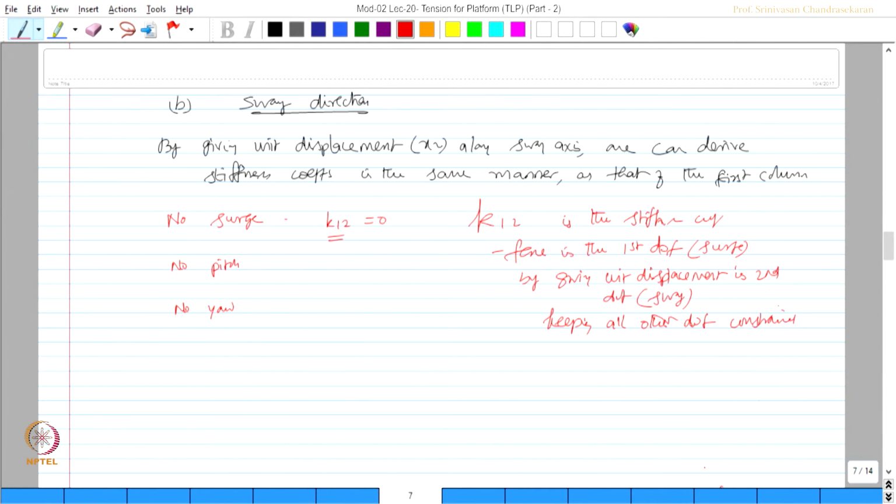So, K12, since there is no surge, this will be 0. So, I should say K12 is 0. Since K12 is 0, I can expect that K52 will also be 0, it means no pitch. So, K52 will also be 0 and of course, K62 will be 0 because no yaw moment.